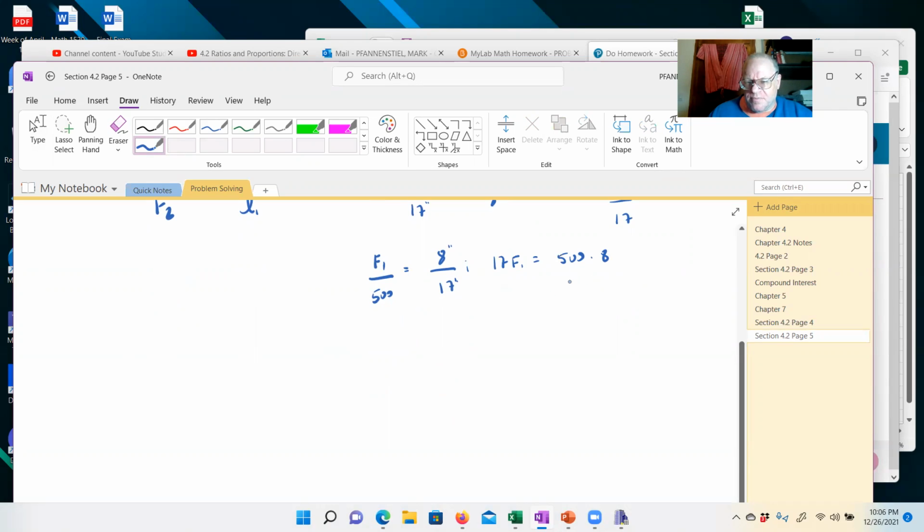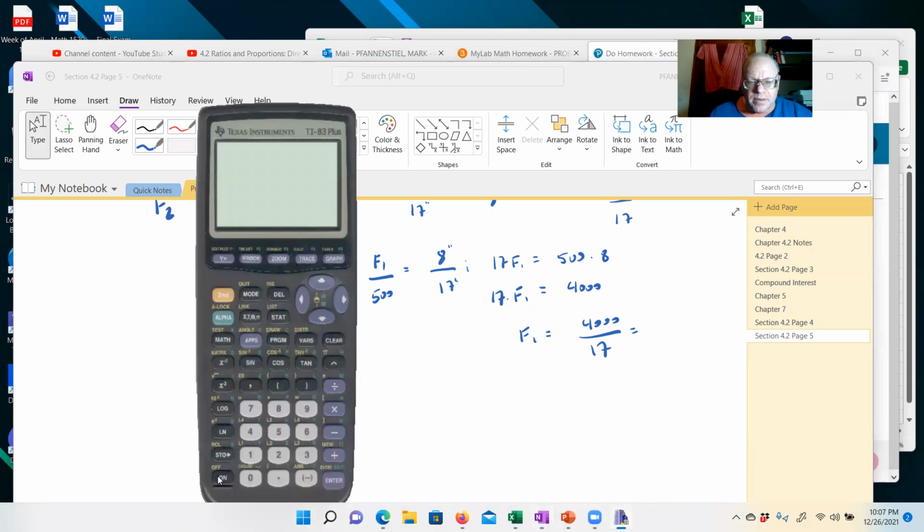That should be like 4,000 equals 17 times F1. And then we'll have F1 is equal to 4,000 divided by 17, and we'll see where we end up. Okay, so we have 4,000 divided by 17. And there we go. That's 235.